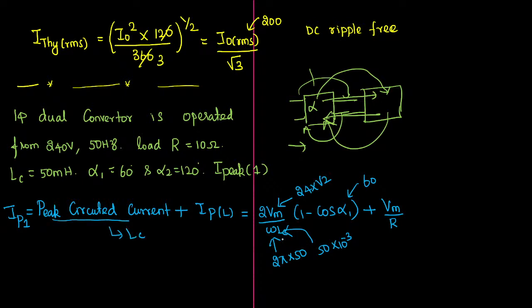You can keep omega LC, where LC means circulating inductance. Substitute all the values. For the load current, maximum voltage again will be 240 into root 2. Resistor value is already given, that is 10 ohm. Substitute all the parameters and you will get the value of peak current. Just remember these things, make it as a small note, that will be sufficient.